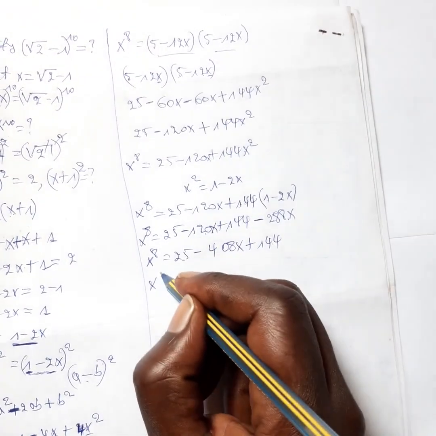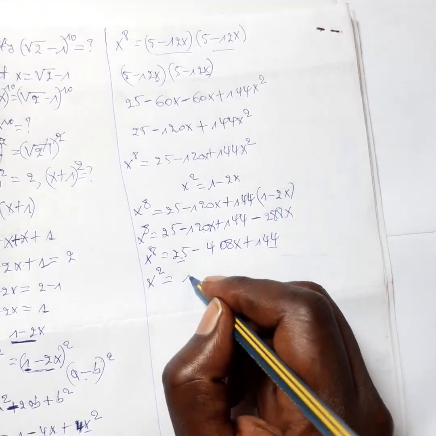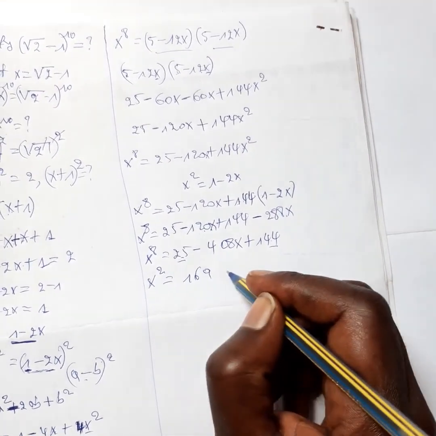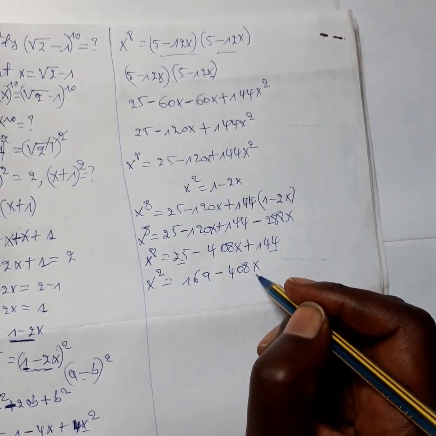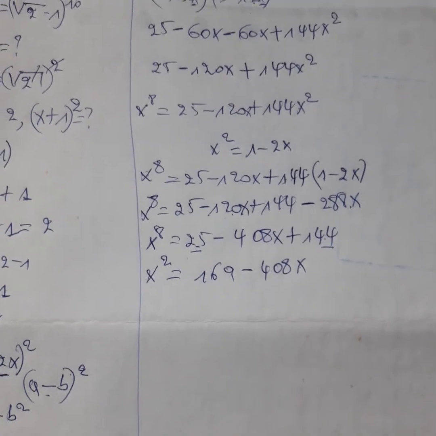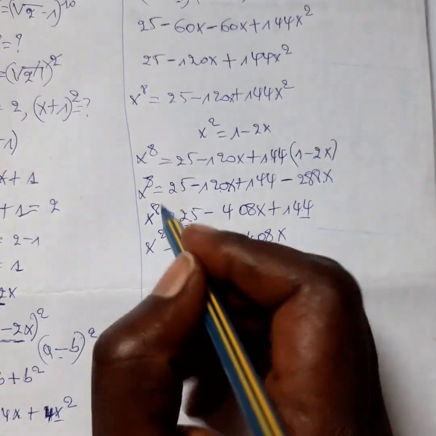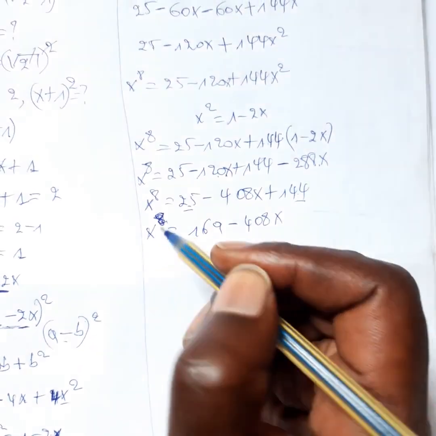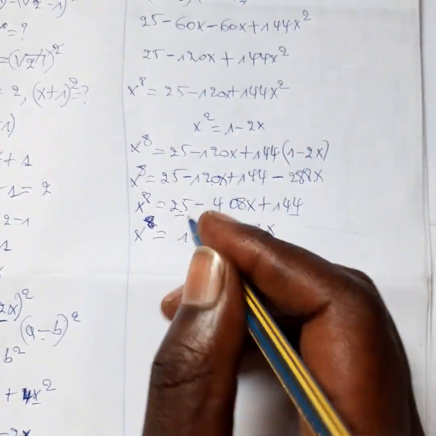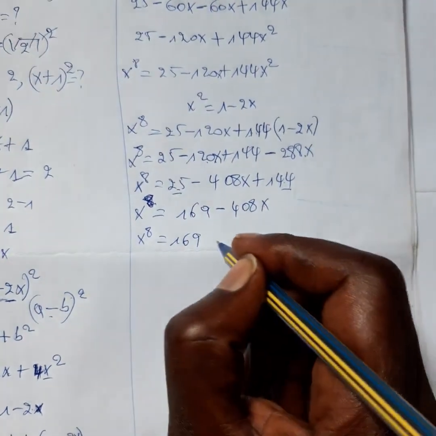So x to the power 8 will be equal to 169 minus 408x. So here we have x to the power 8.